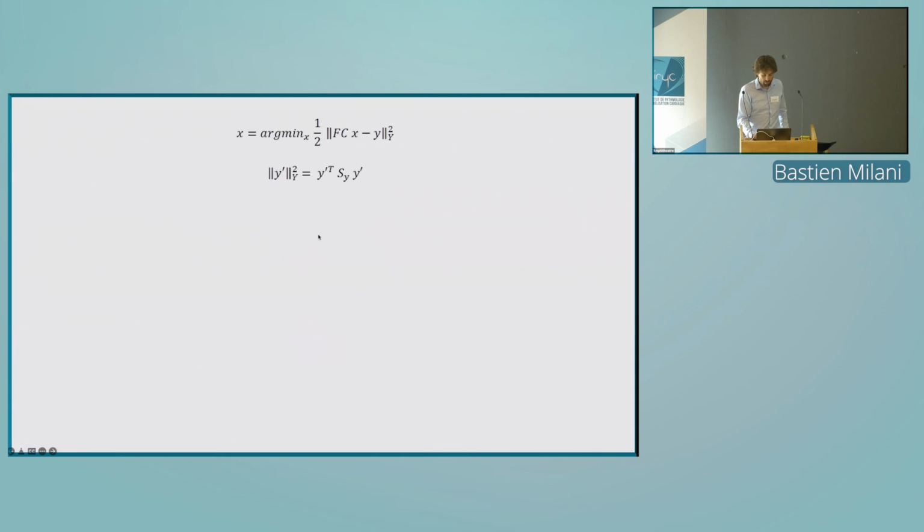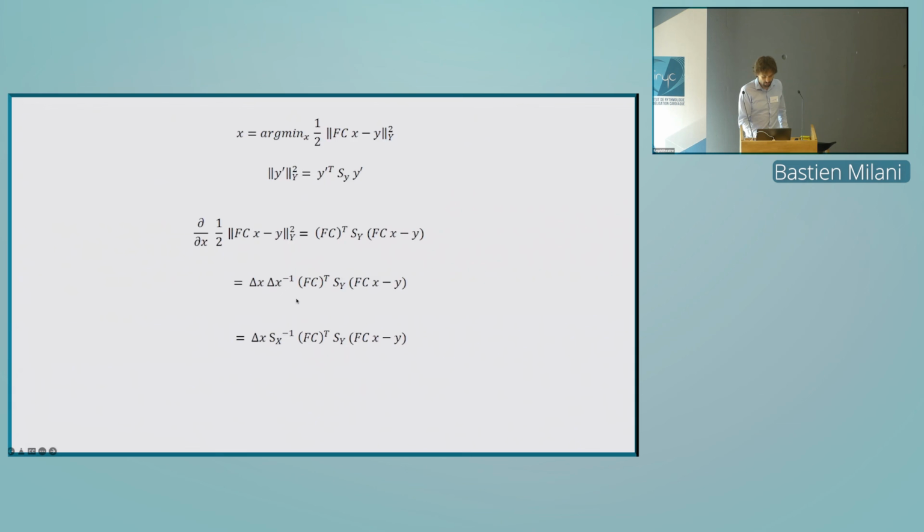So when you want to solve SENSE, which is finding the minimum of that function, you have to take into account in your norm, the norm in the Y space, that includes the Sy. So when you compute the gradient, you can show that this Sy appears here. You can modify it by adding a 1 here, which is the voxel volume.